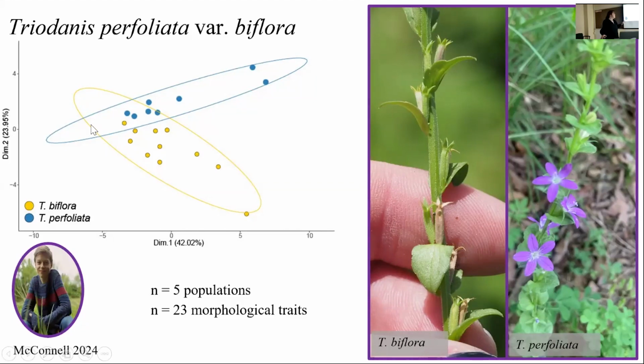And you can't totally see the separation in 2D here, but when you bring in that third dimension, Biflora here and Perfoliata almost form completely separate morphological groups, which is important to note because, like I said, these are all at populations where they're co-occurring, so there is the potential for hybridization.